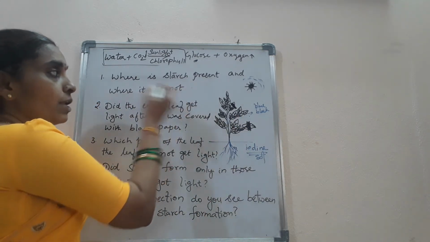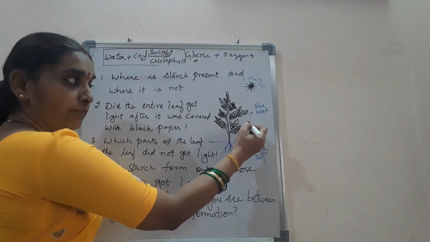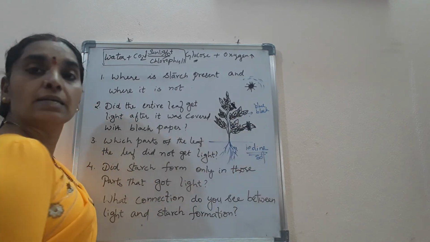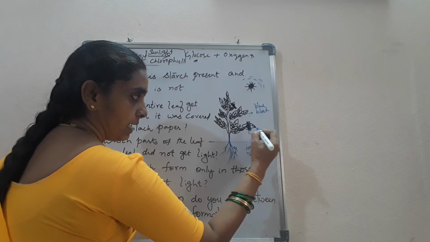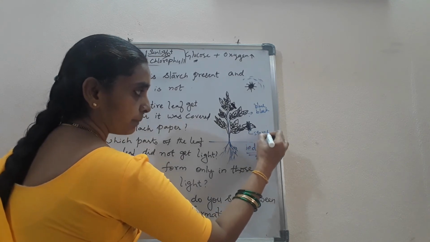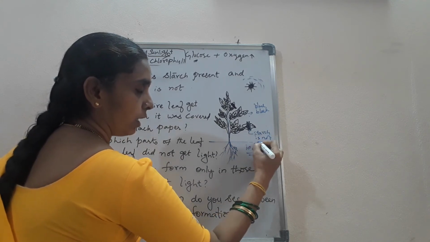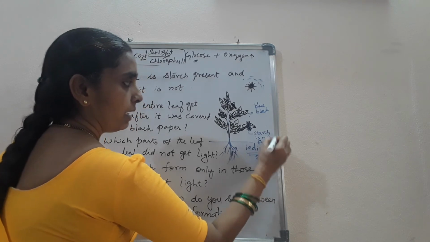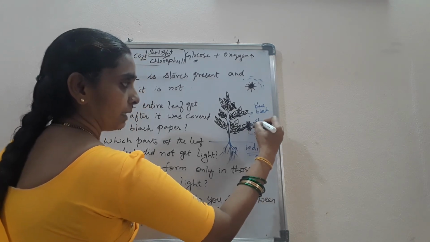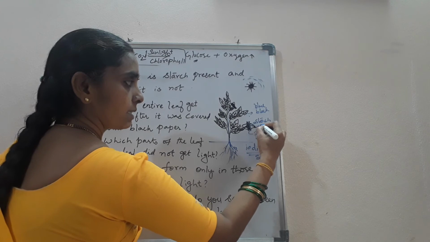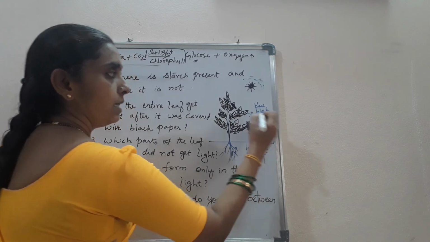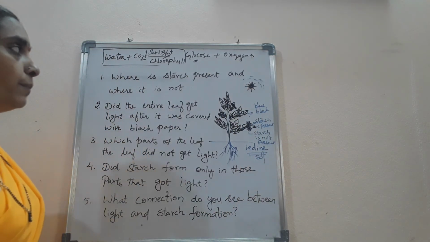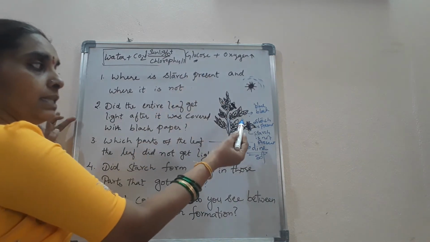Where it is not, the portion of the leaf which is covered by the black paper, starch is not present. Here starch is not present. Here it is present.